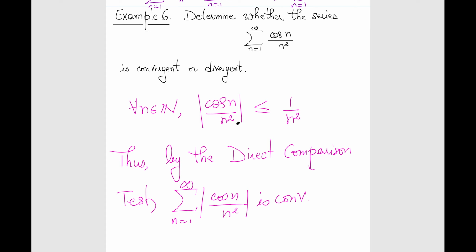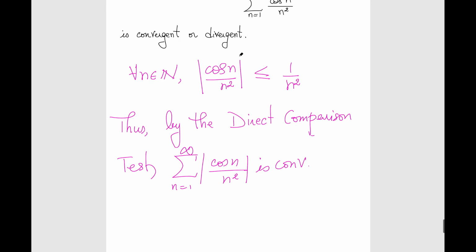Why? Because this series has terms which are non-negative for all n, and those terms are bounded above by the terms of a series which is convergent. Correct? And that series is technically the p series with p equals 2.